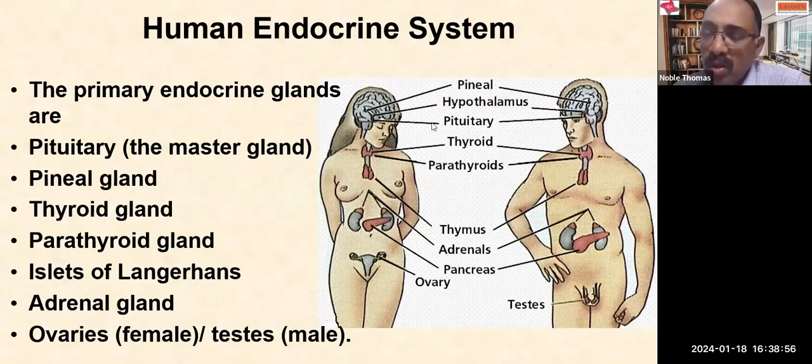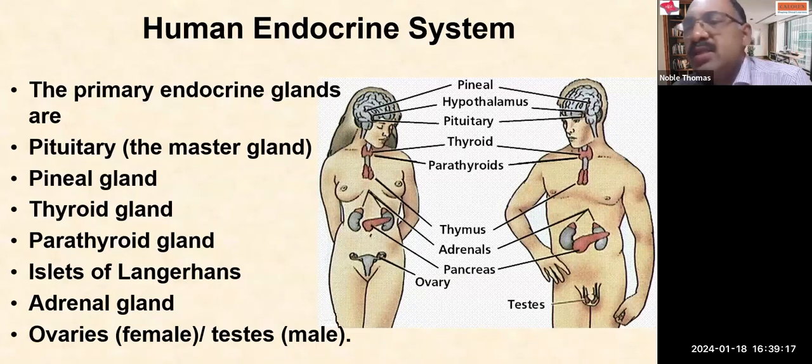Yes, I was talking about the second case where the insulin production decreases, and that results in another kind of diabetes, diabetes mellitus. It is called diabetes mellitus, or what we call the type 2 diabetes. Okay.